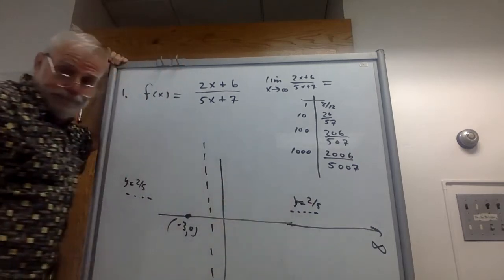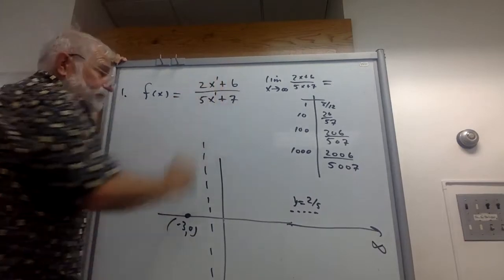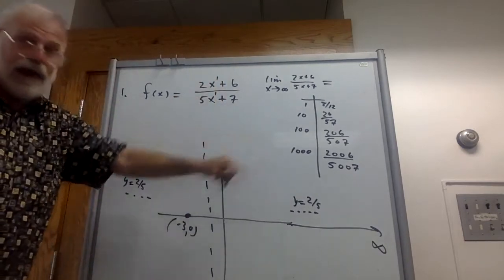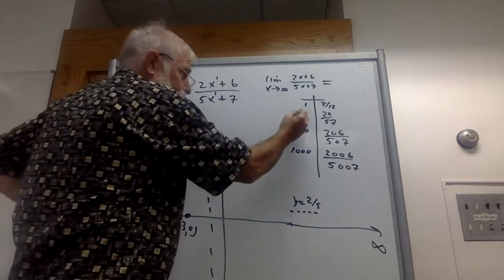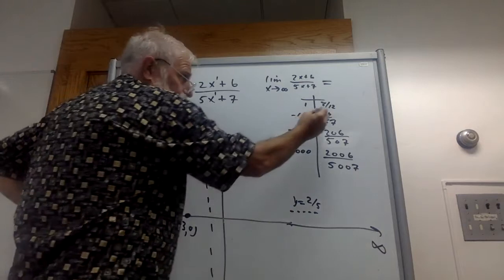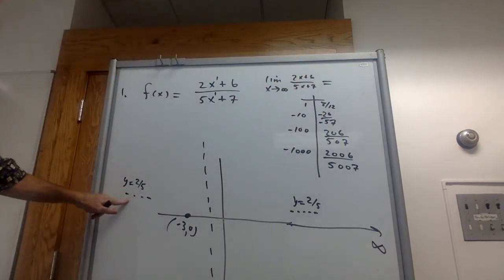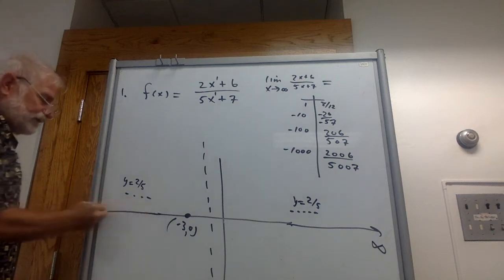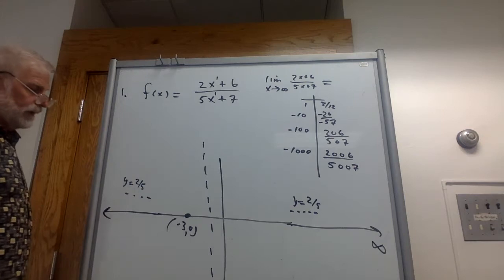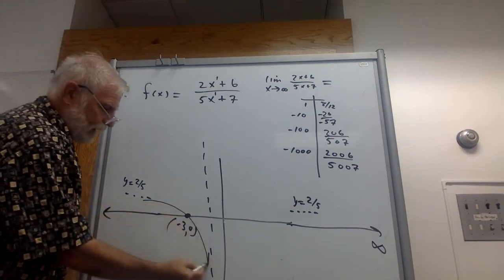Yep. Now, anytime the exponents are the same, that's going to happen. And it didn't matter if I did negatives, right? Because both would have been negative. Same thing's happening over here. There are no more x-intercepts over here. There's only one. Looks to me like that's got to happen.